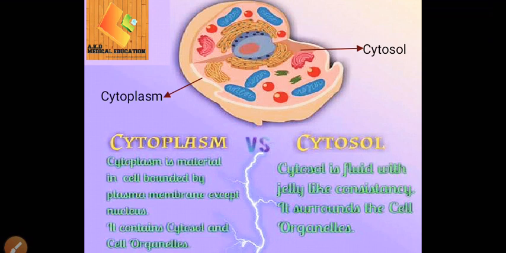So everything in the cell, behind the cell membrane, apart from the nucleus, is called the cytoplasm.